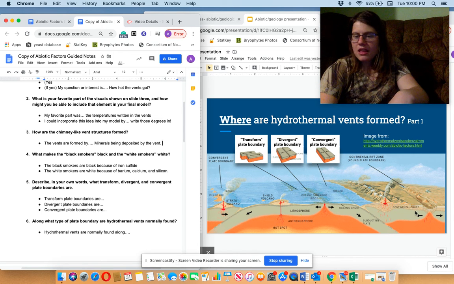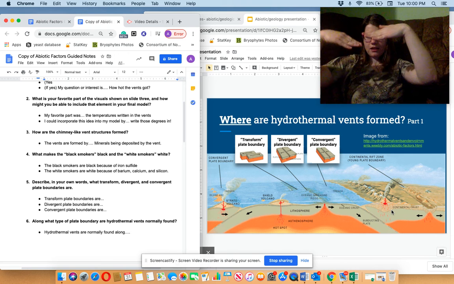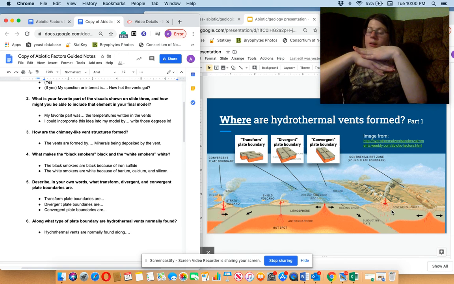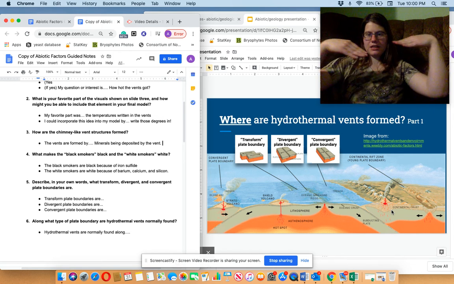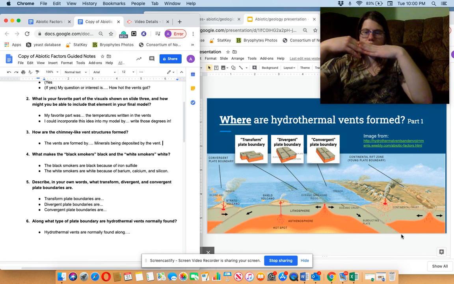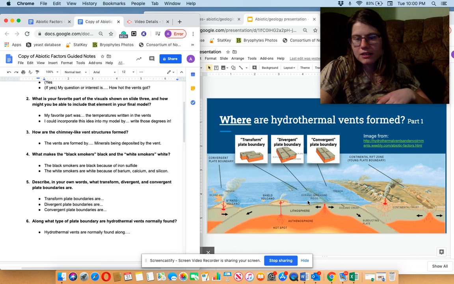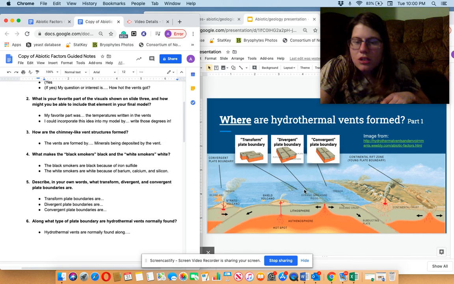These 2 plates are coming together, so they're convergent, and this one is going down. So yes, convergent plates, divergent plates, convergent plates, and transform plates.